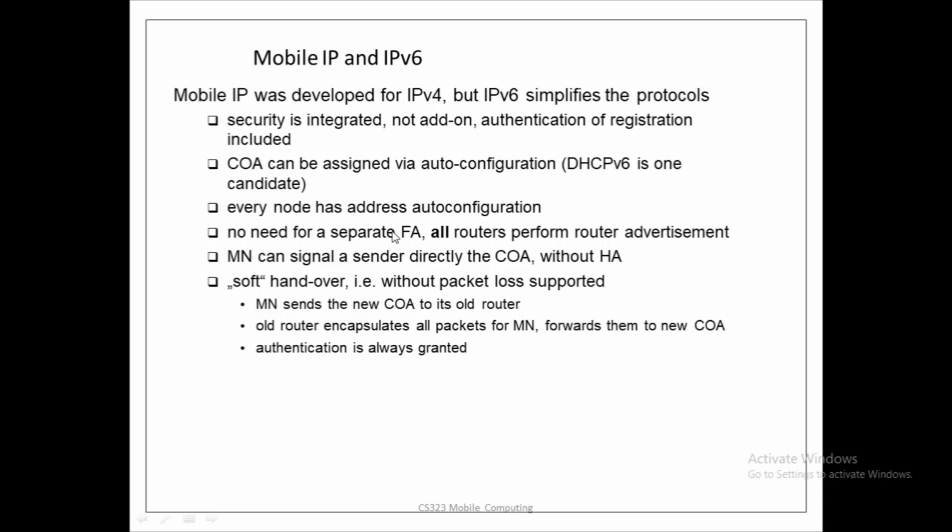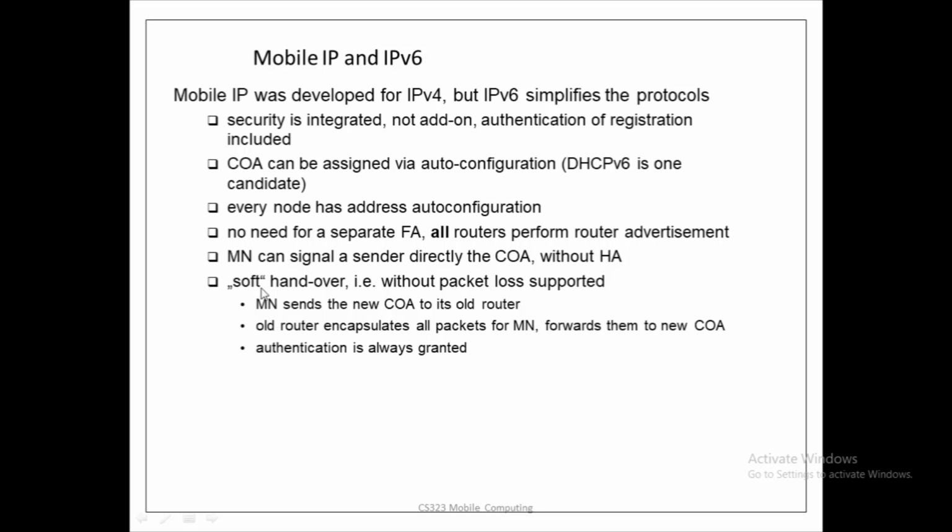Here every IPv6 node can send binding updates to another node. So the mobile node can send its current COA directly to the corresponding node and home agents. These mechanisms are an integral part of IPv6, right?